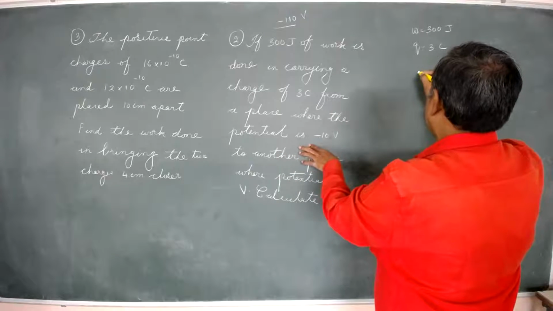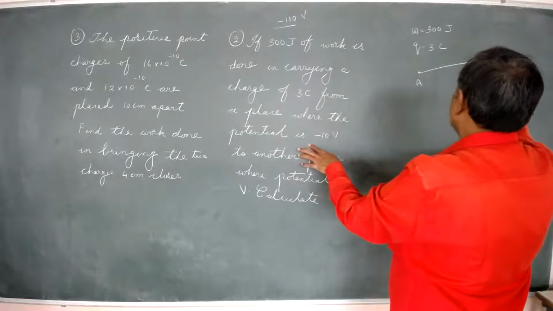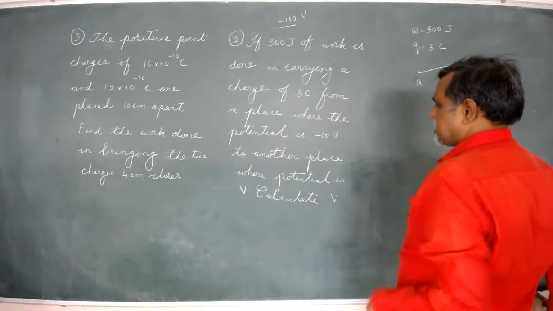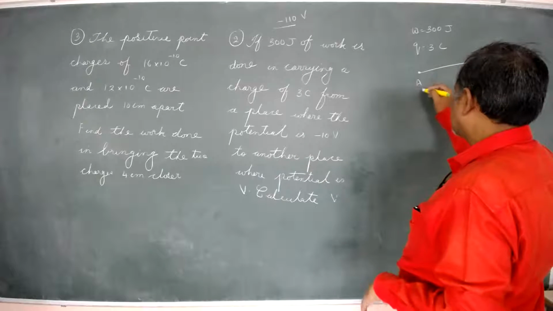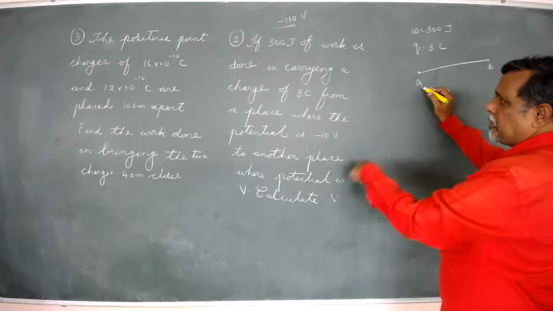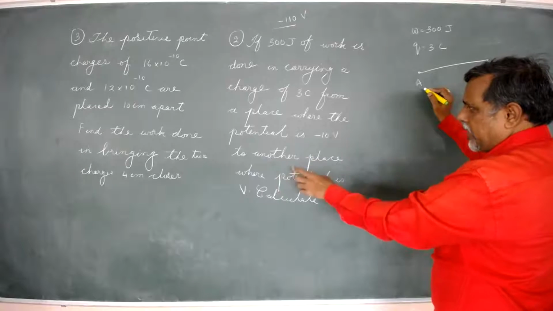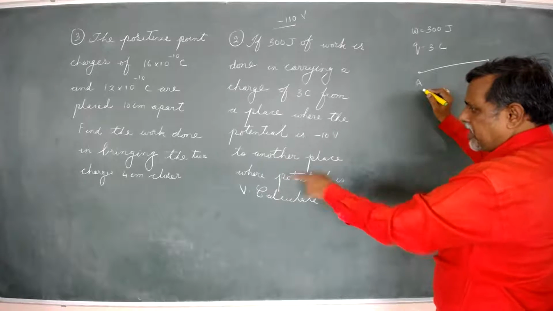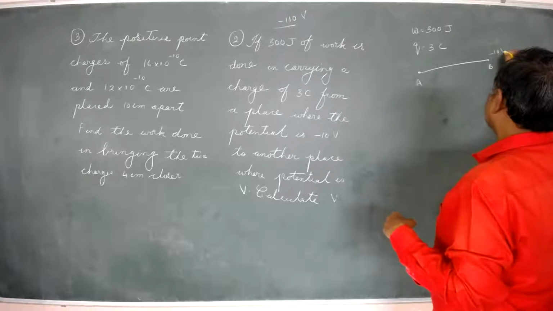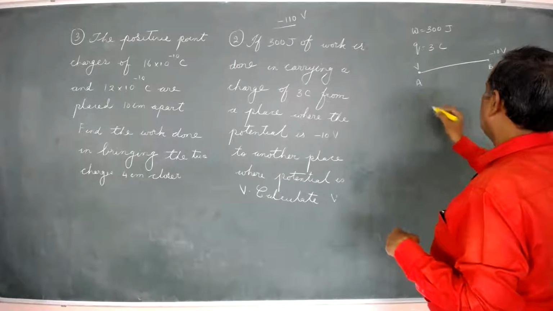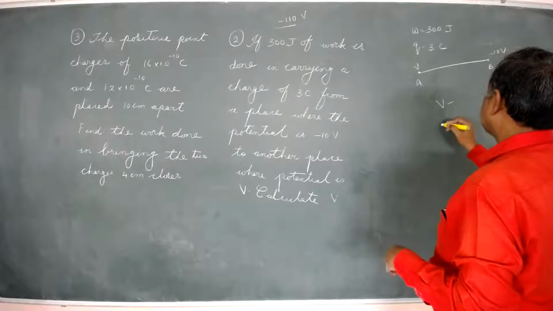So potential, and if at all we take 2 points, right? So this is VA, where the potential is minus 10 volt, to another place where potential is V. So this is minus 10 volt, and this is the potential V. Then how do you say about the potential difference?